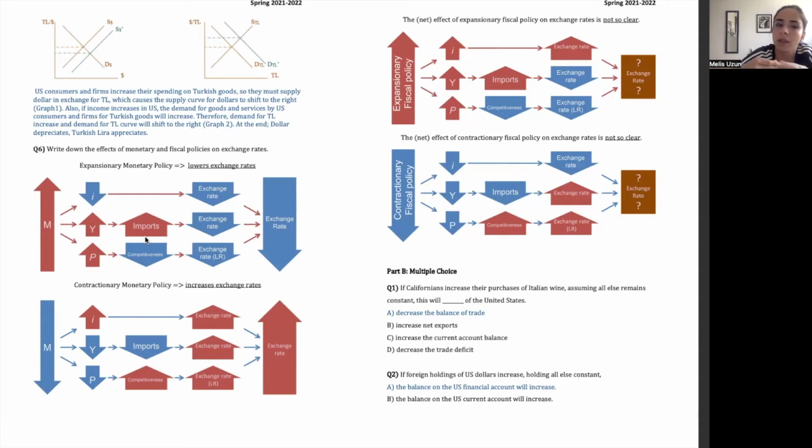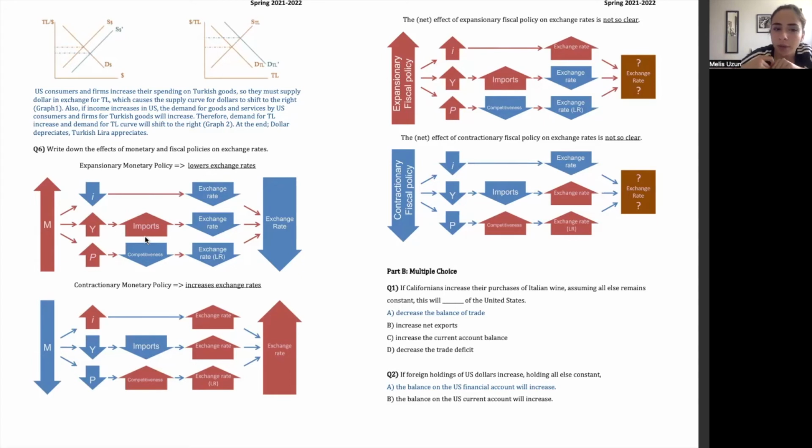That's why the exchange rate decreases. And also the price level will increase after an expansionary monetary policy. Again, if the price level increases, the foreign goods will be cheaper than the domestic goods. That's why we want to buy from foreign countries. That's why, again, the exchange rate will decrease.